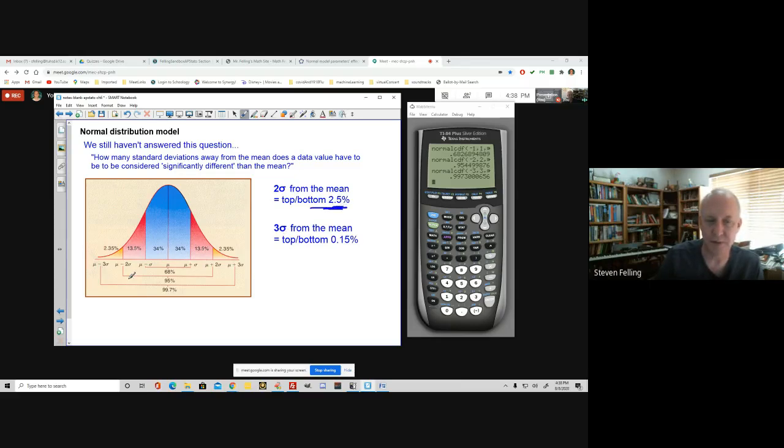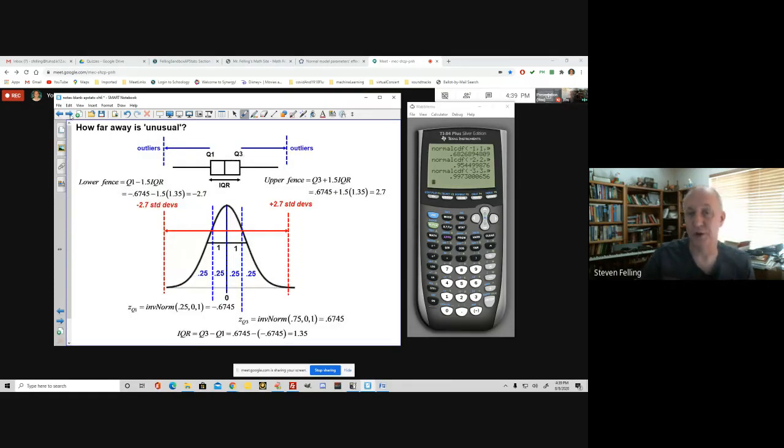Since 99.7% of the data is within 3 standard deviations, if you're 3 standard deviations away, you're actually in the top 0.15% or the bottom 0.15%. So most people say either 2 or 3 standard deviations. Usually starting at 2, we start to think of things as being outliers or unusual.